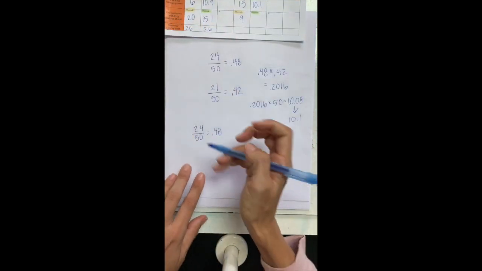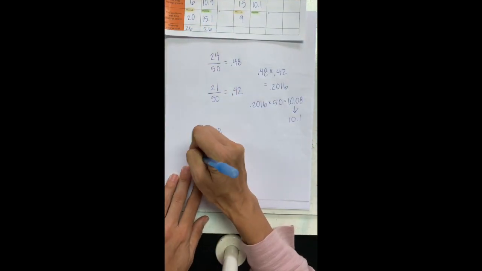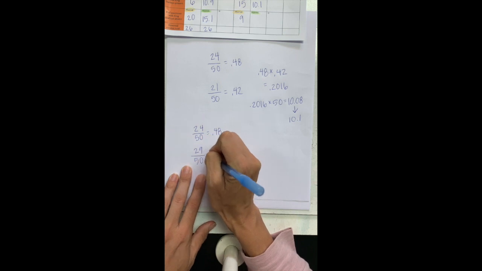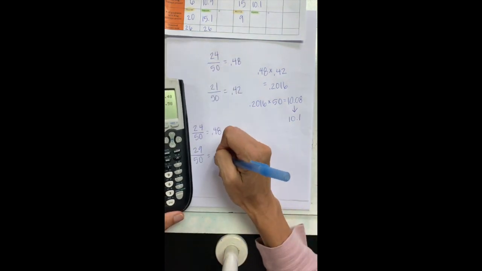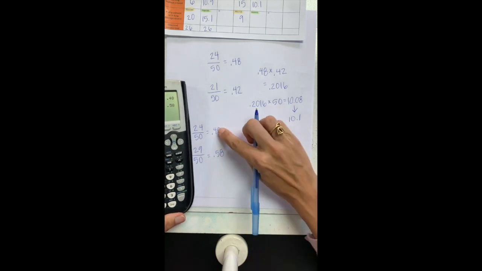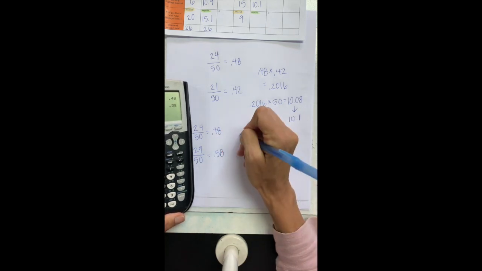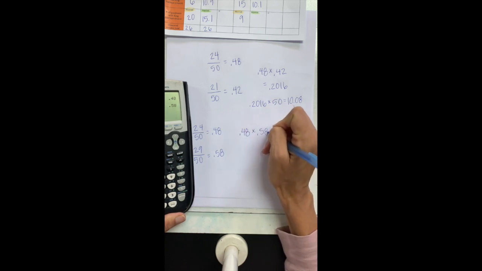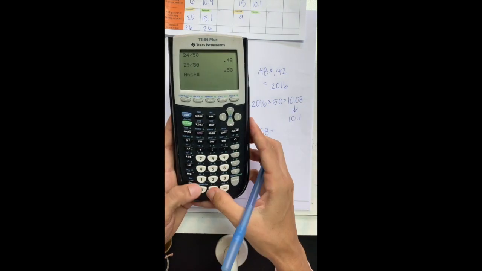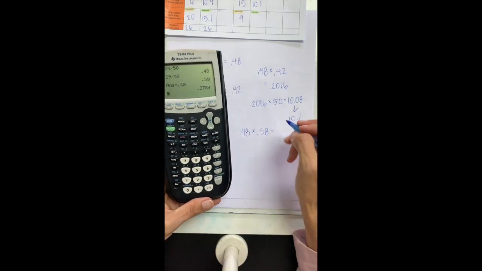Then divided by our total number of quadrants. So 29 divided by 50 equals 0.58.